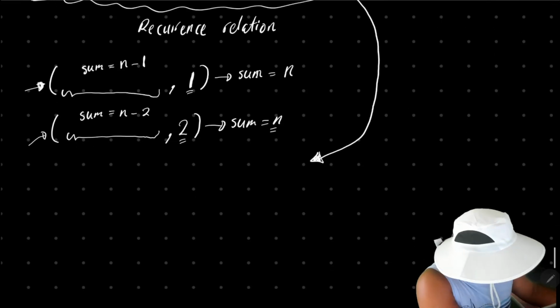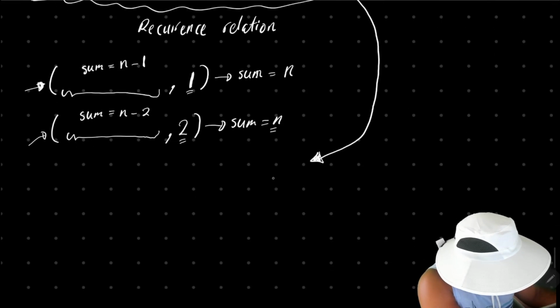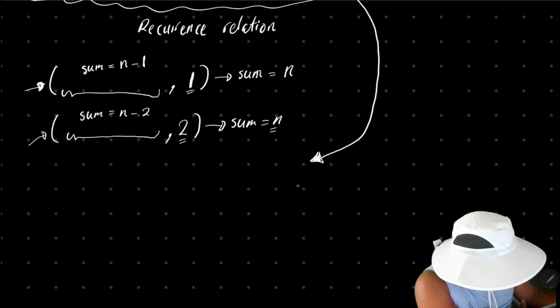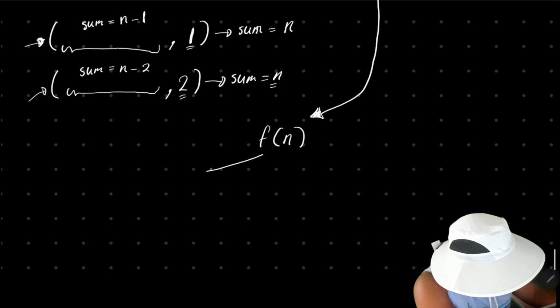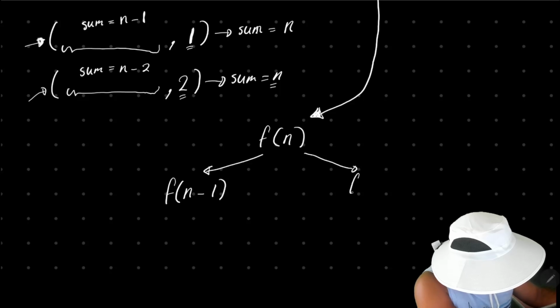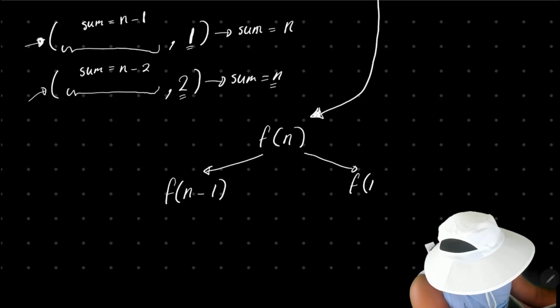If I were to give you n, trying to calculate the number of ways for a staircase of size n, so f of n, we said earlier it will be a summation of the number of ways for a staircase of size n minus 1 and the number of ways for a staircase of size n minus 2.